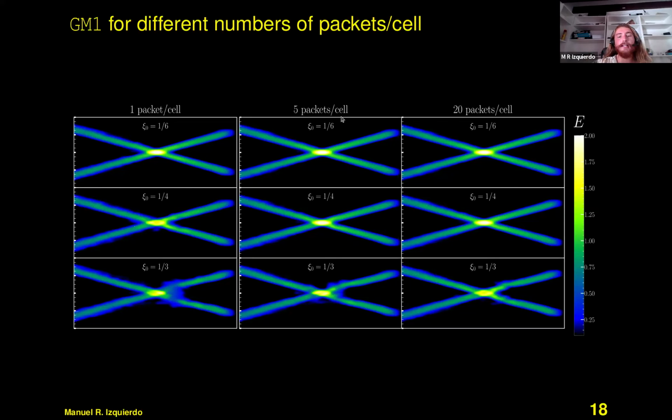Then when we increase the number of packets, here 5 packets, this one runs perfectly, and it is a little bit better. With 20 packets, we see that this one is perfect, and it starts to get much better. Here we can also see what I mentioned, that if you want to see a great improvement of the solution due to this low order of convergence, you will have to employ many more packets.